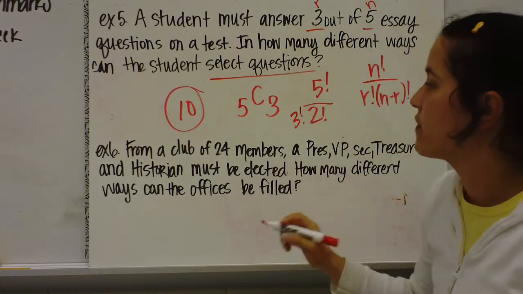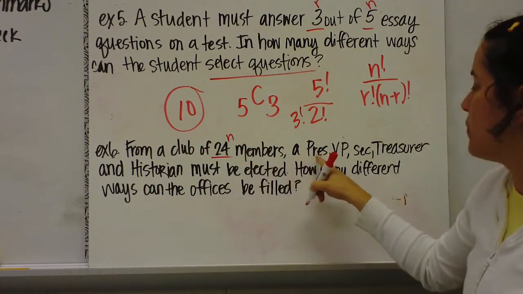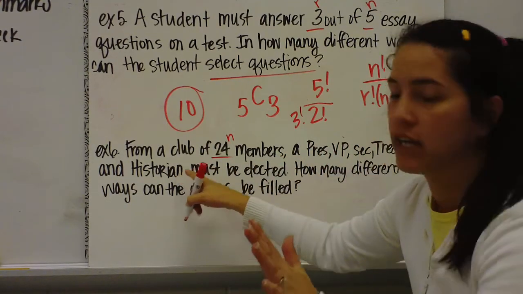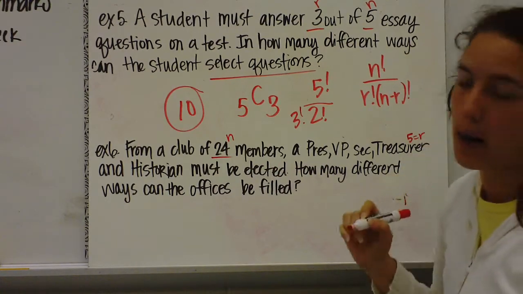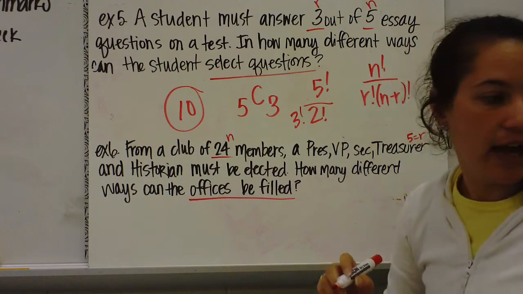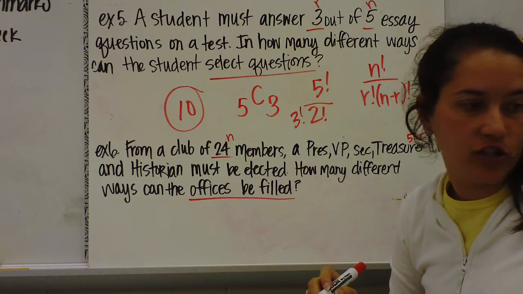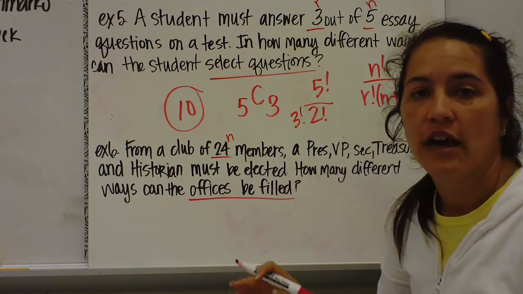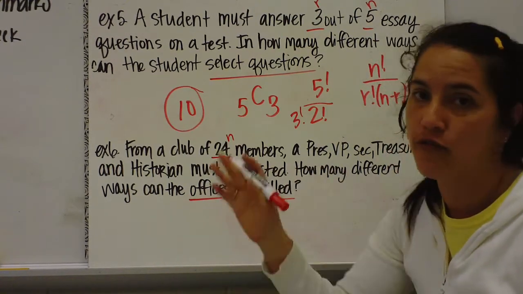From a club of 24 members, so that is your N, a president, vice president, secretary, treasurer, and historian must be elected. So there are 5 positions. That's your R. How many different ways can offices be filled? So you decide, if you are reading that question, is order important? These 5 people. Does it matter who is president, who is vice president, who is secretary, or does it just matter that there's 5 people?